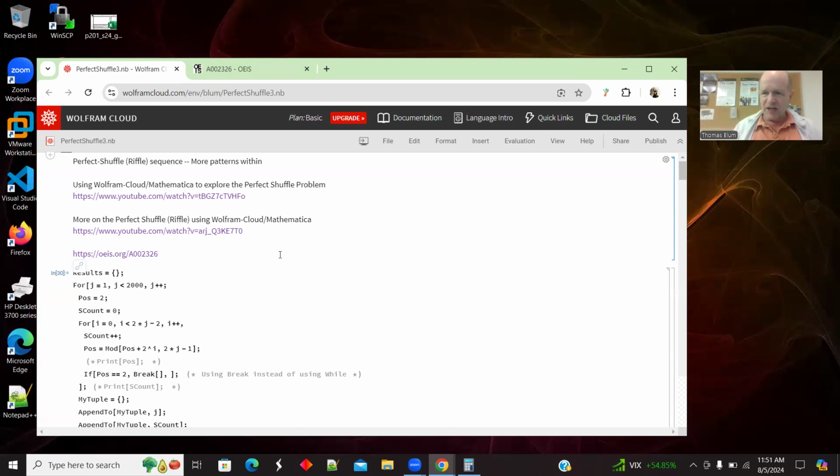If it's 2n, you take the first n and the second n, and then you take the first item from pile one, and then the first item from pile two, and then the second item from pile one and the second item from pile two, and you interleave them in this way, or riffle them. That is a single shuffle or riffle.